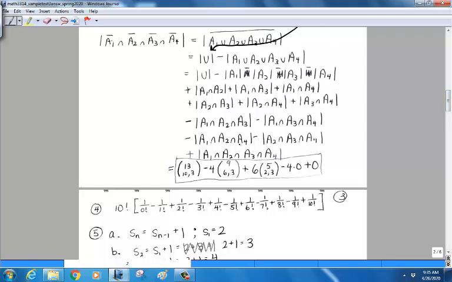Now, what about these pairwise intersections, of which there are 6 of them? 1, 2, 3, 4, 5, 6. So how big are these sets? Well, let's just look at the first one, A1 intersect A2. When in A1 intersect A2, that means x1 is going to be bigger than or equal to 4, but also x2 is going to be bigger than or equal to 4, correct?